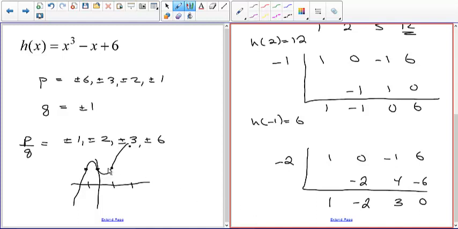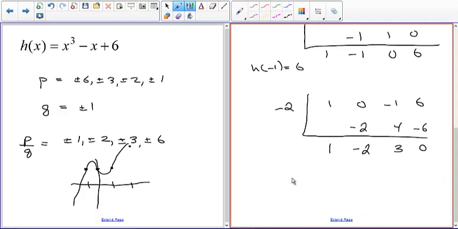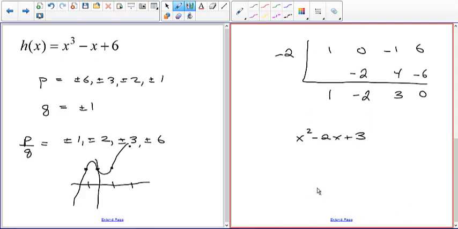Now this would indicate that there are no other real zeros, and you can figure that out because you can take what's left over and make the quadratic out of that. Okay, so that is what's left over. Now, if we wanted to factor that, we could use completing the square. So we move this 3 over there, and what we're trying to do is find out what values of x make that go to 0.